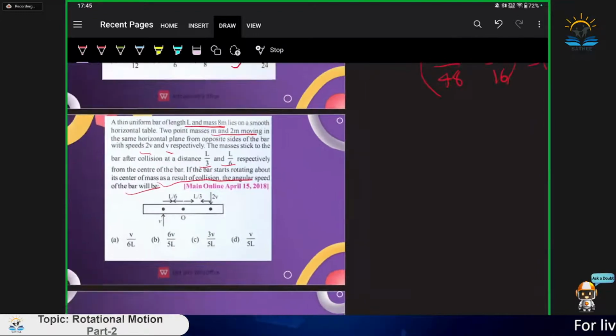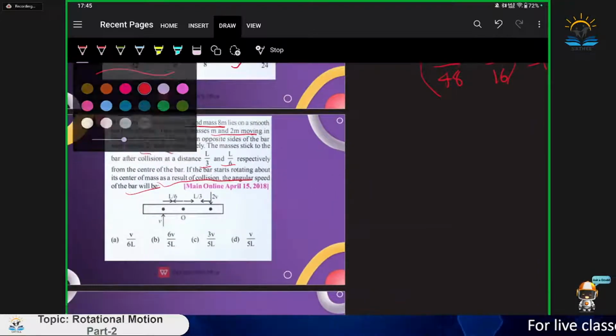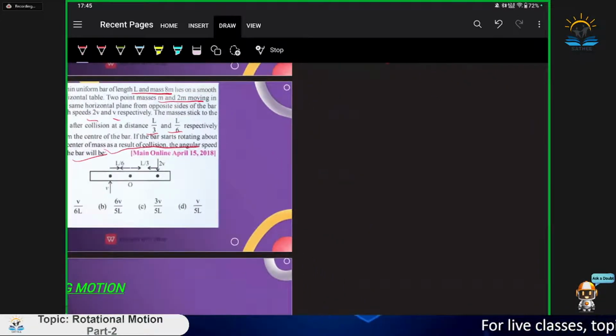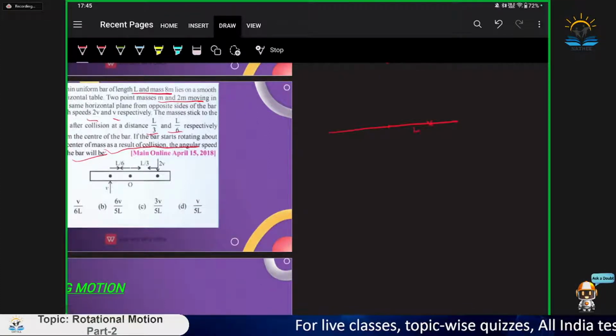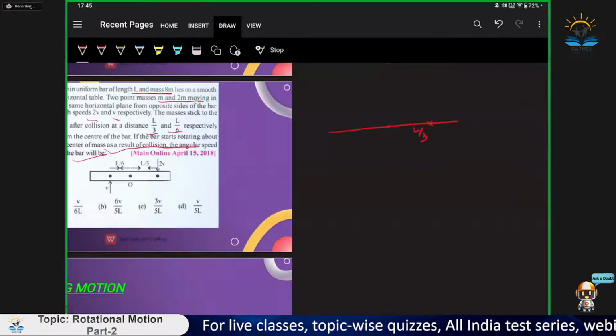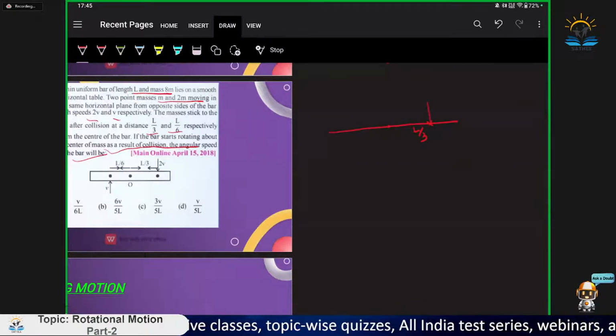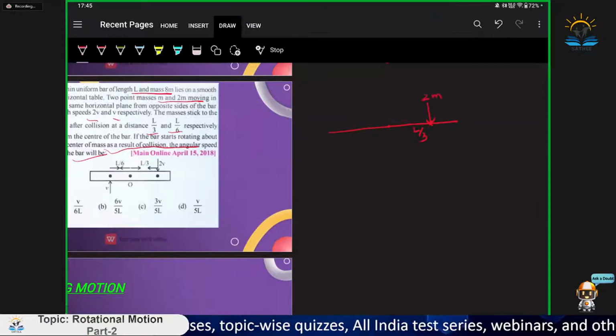Okay, let's quickly solve this question. We have a bar here. From L/3 distance, a mass 2m comes with the speed 2v, so the momentum is 2mv here.